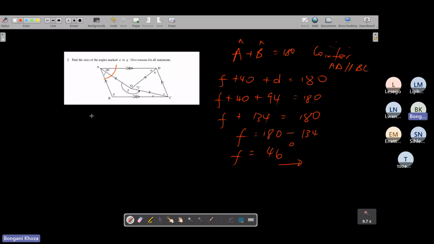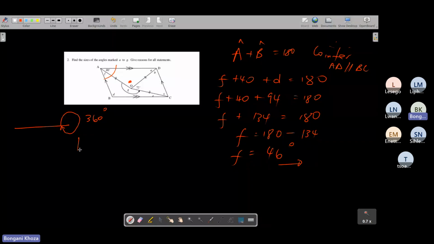Now, if we check G, G is over here, but we can deal with this as a revolution angle, like that. A revolution angle, remember, is the one whereby we are going around a point, and this equals 360 degrees. So going around this point over here, we get 360 degrees, but that means we need to find this angle first, right?